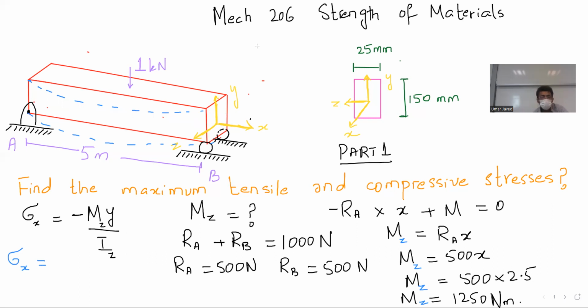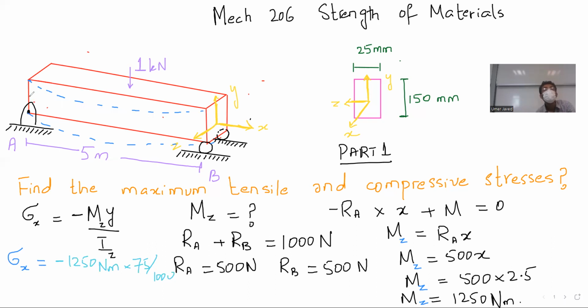Okay, so I think this is the first problem I need to help all of you with. So minus MZ is 1250 Newton meter. Any student who can give me the Y, because I want maximum tensile and compressive stresses. Excellent answer by one of the students. He said 75 millimeter. Good observation. How did he figure?